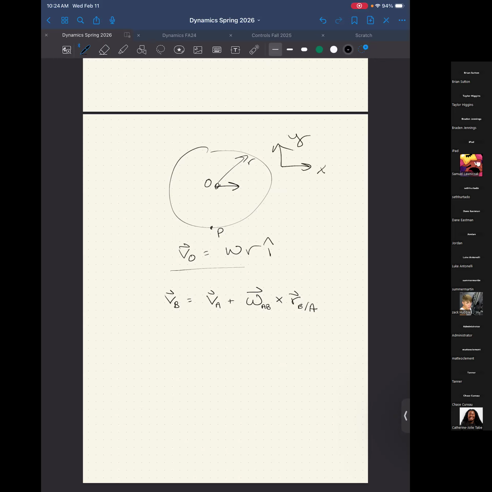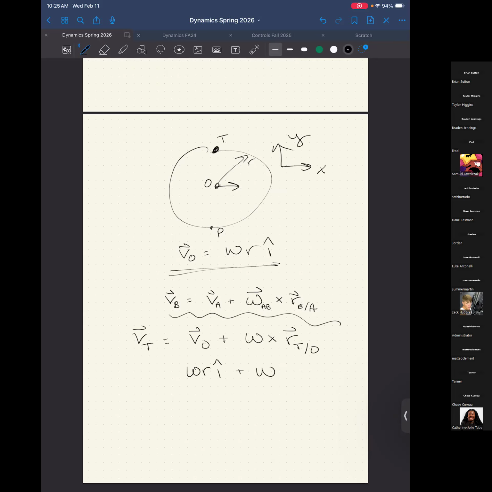So you know this part. You need to use this equation to relate point O to some point at the top, maybe T. So we can say velocity of T is equal to the velocity of O plus omega cross R T slash O, where the velocity of O we can put in as omega R I-hat.